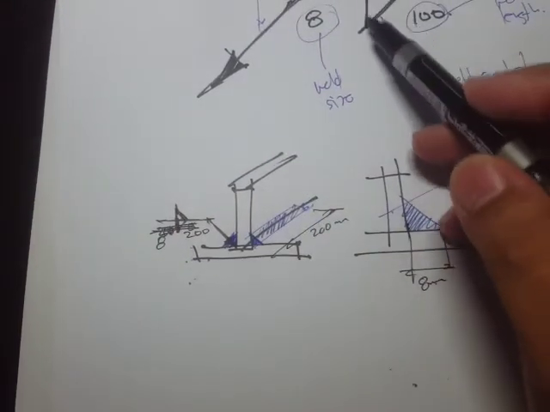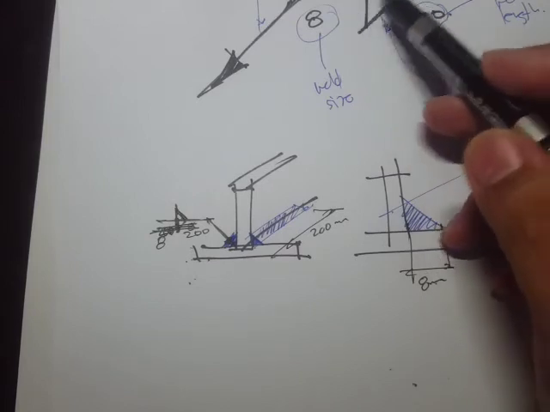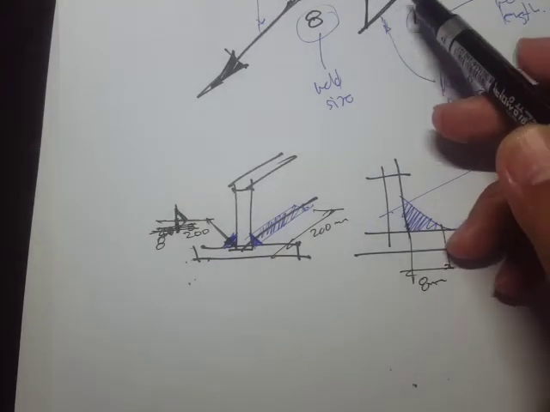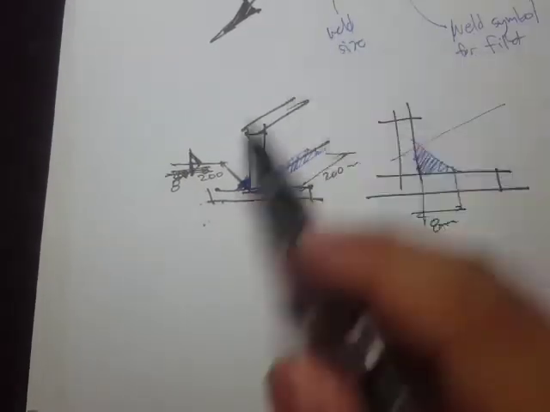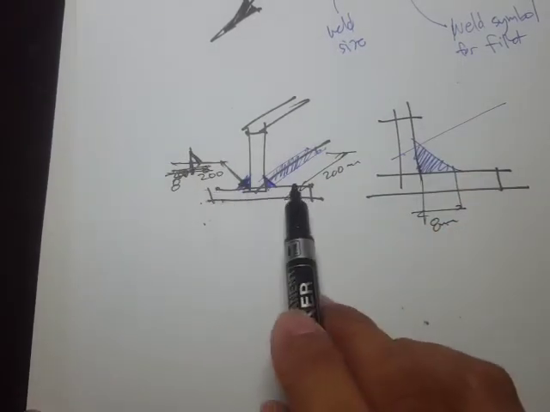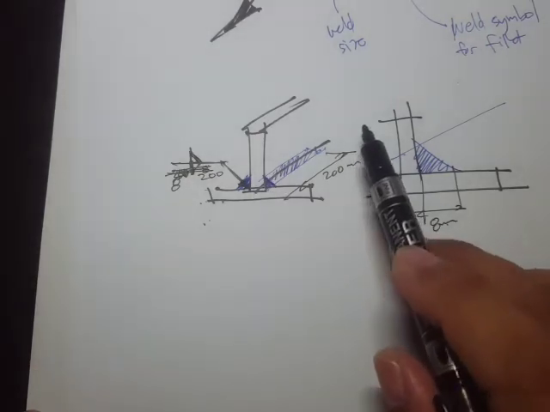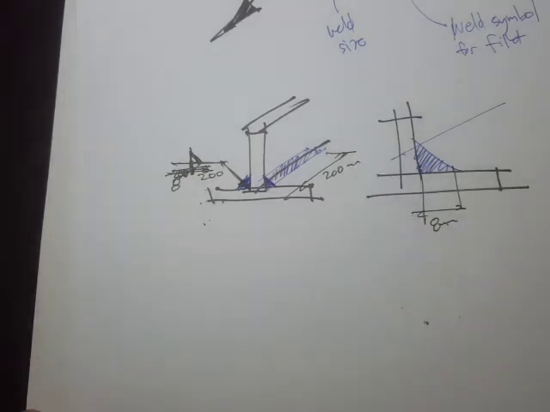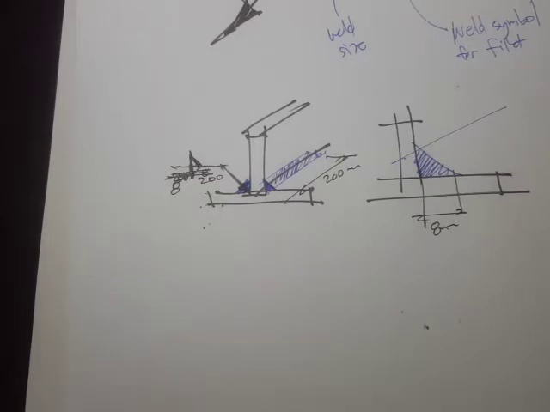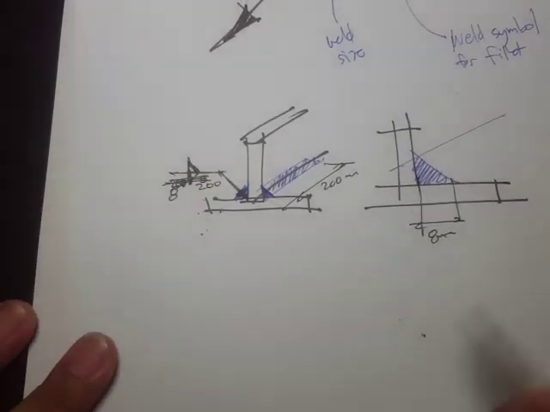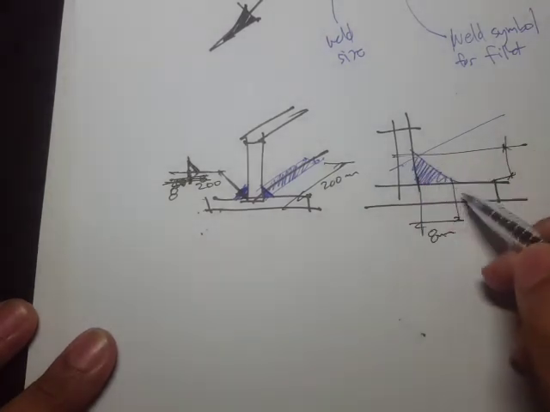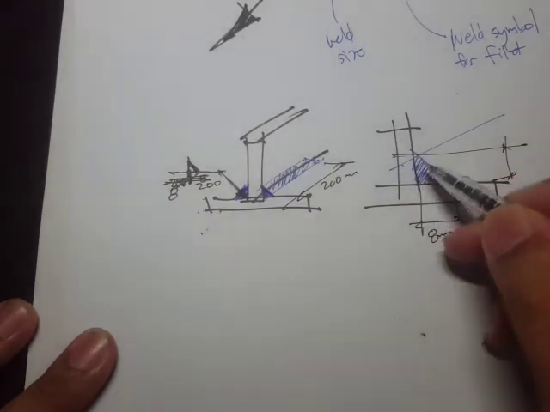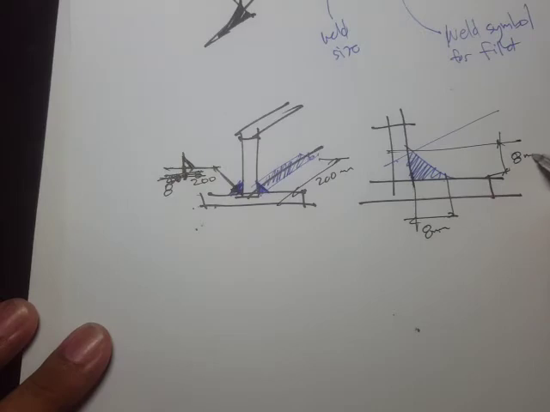And this fillet symbol is the weld symbol, and if it is present on both sides, then it means that both sides will be welded. And this will be for an equal size of fillet weld, so this will also be 8 mm.